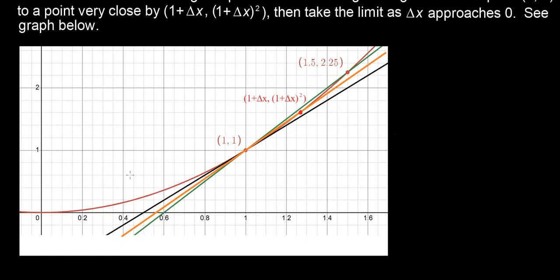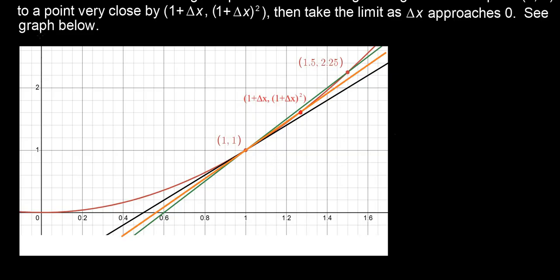So in the graph below, the red graph, the brownish red curvy thing, that is the graph of our function. The black line is still the tangent line at (1, 1). I've kept the green secant line there, but I want to take the slope of that orange secant line that connects the points (1, 1) and the other point (1 plus delta x, (1 plus delta x) squared).